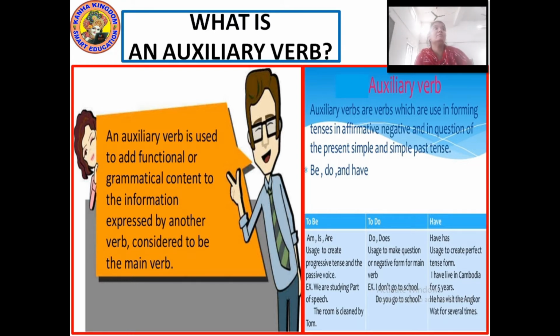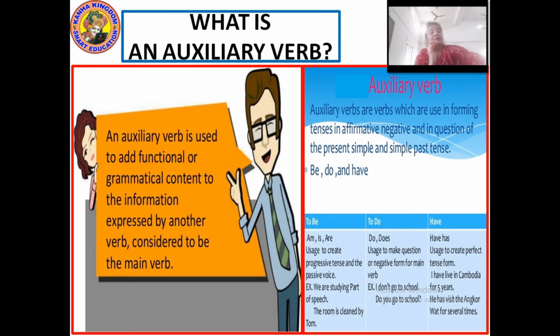Auxiliary verbs are verbs which are used in forming tense, in affirmative, negative, and question forms of the present simple and simple past tense. In this chapter, we are going to see three auxiliary verbs: be, do, and have. What are those and how are they going to help?